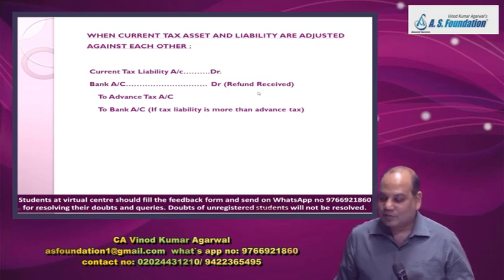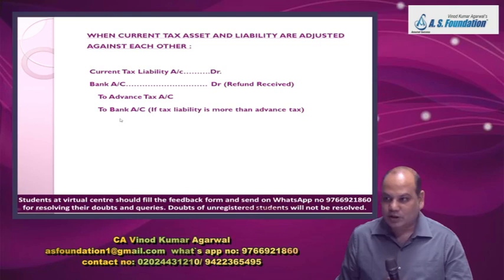Some governments give you a refund if you have paid more tax. Most governments will ask you to pay the difference, so to bank if the tax liability is more than the advance tax. So this is how current tax accounting is done.